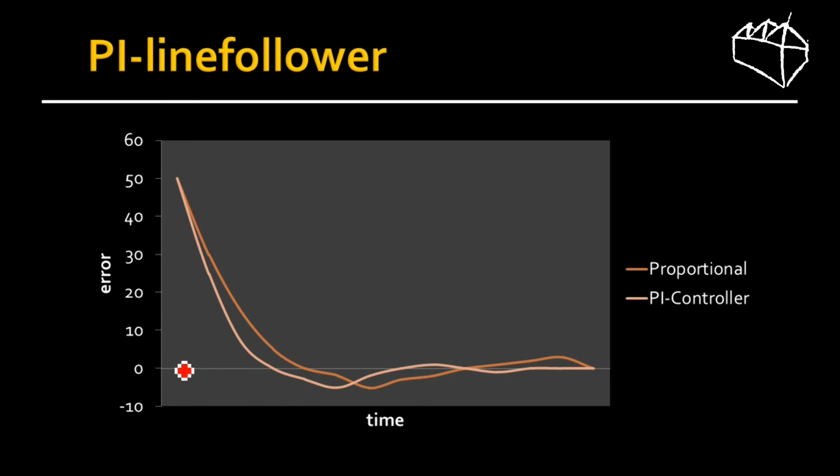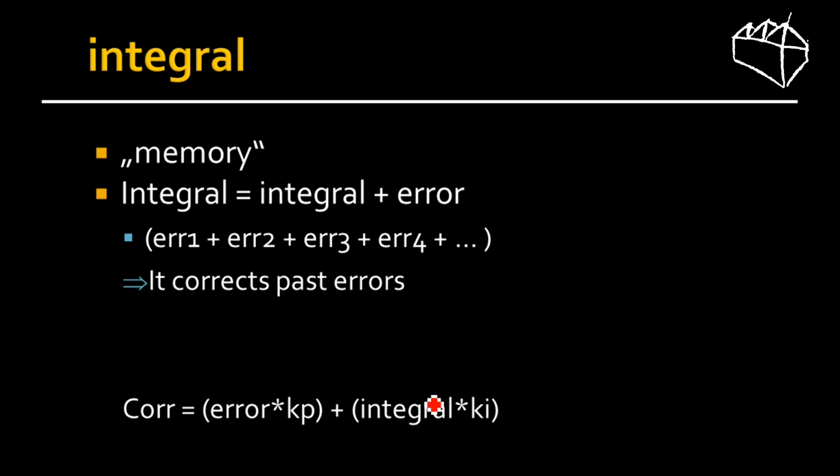But the thing is, because the error is already 0, you don't want your robot to be pushed so hard by the integral. So you need the constant integral to tweak your integral so that it gets lower.